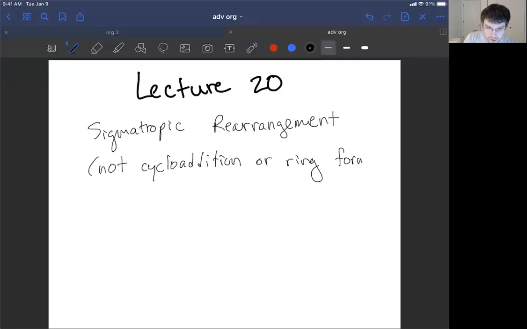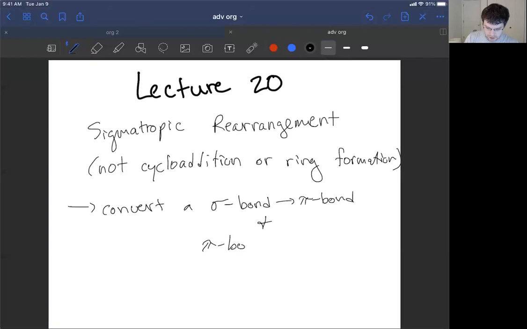And so with that in mind, what is the sigmatropic rearrangement? Well, in a sigmatropic rearrangement, you convert a sigma bond to a pi bond and a pi bond to a sigma bond.